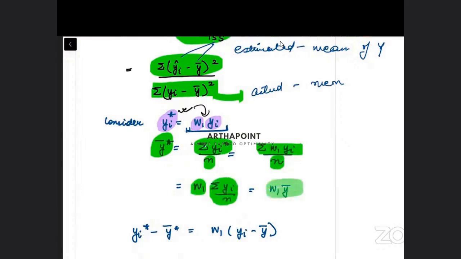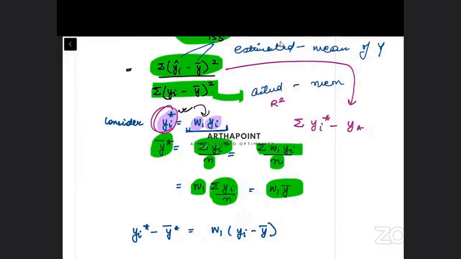So this is simply going to be w1 into y bar. So if I scale a variable, its mean also scales. This is the property that we have. Therefore, if I want to find R square for the y star variable, it will be summation yi star minus y star bar whole square upon summation yi star minus y bar star.